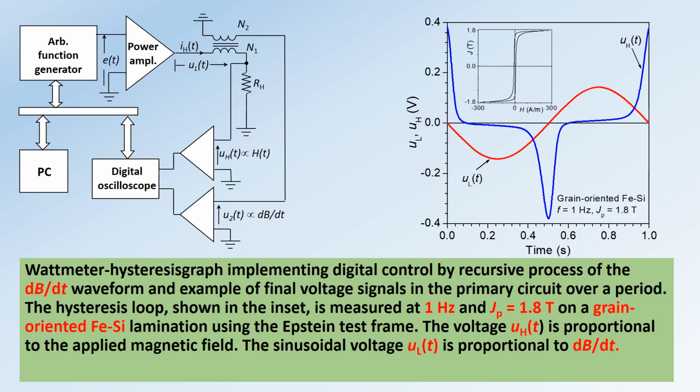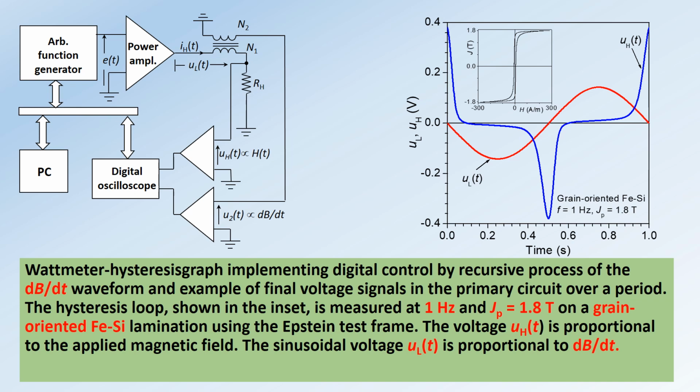On the left, you see a diagram of the wattmeter hysteresis graph setup, which implements digital control by recursive process of the dB/dt waveform, and an example of final voltage signal is shown on the right: in the primary circuit over a period, that is the blue line. The red line is the secondary circuit over a period.